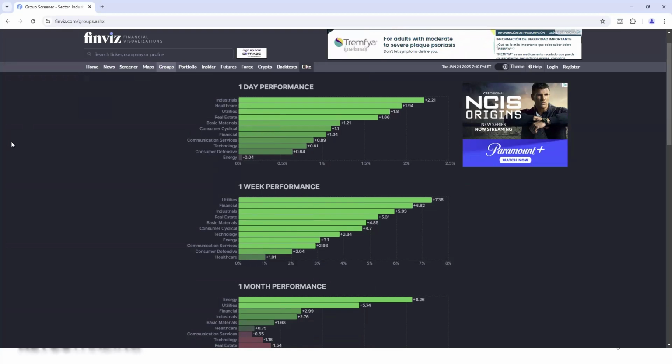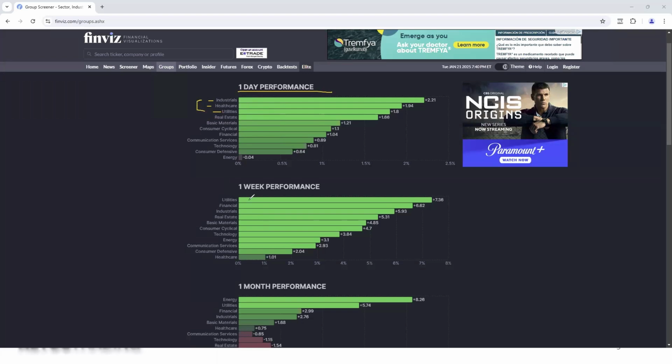I like to look across different time intervals, starting with the 1 day performance, which, as we can see, industrials, healthcare, utilities, real estate are all pretty strong performers. But what I look for is the top three ranking. So that would be in this case industrials, healthcare, utilities.